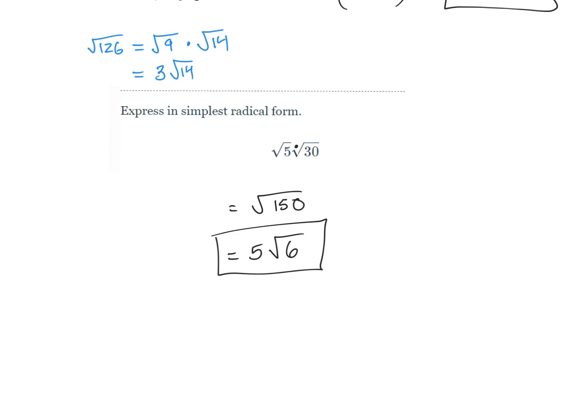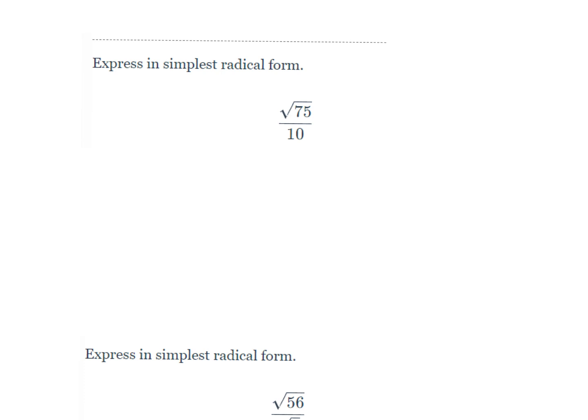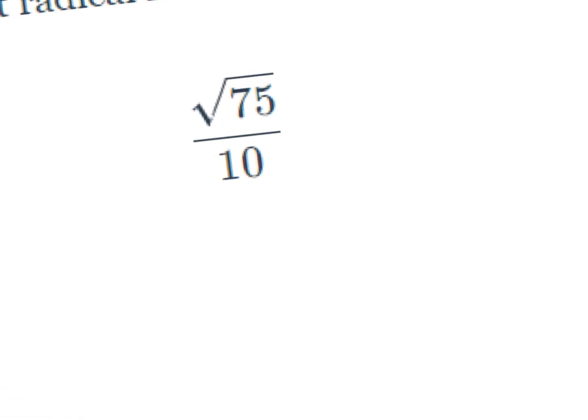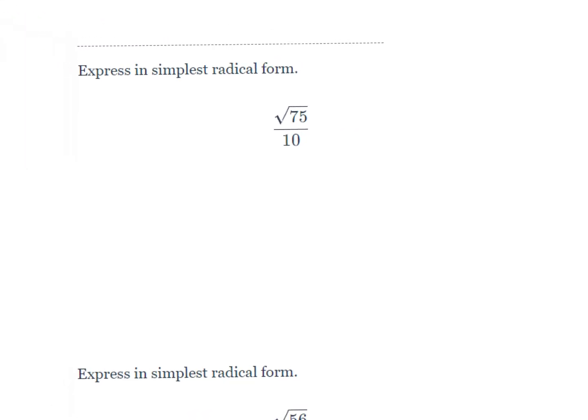And moving on, it's an example of knowing when to divide. Expressed in the simplest radical form, square root of 75 divided by 10. A fraction bar does mean divide. So let's divide, I guess, but what's the problem? 75 can't be divided by 10. Why? Because 75 is in the radical, in the square root.